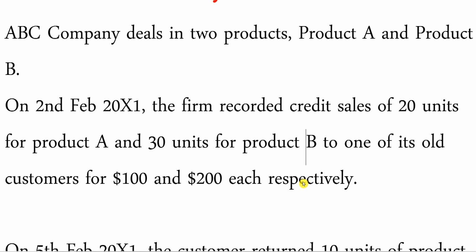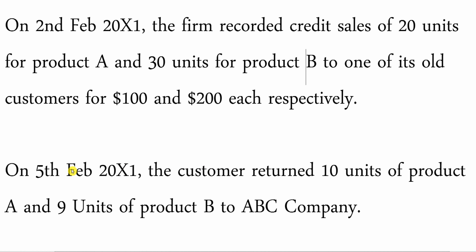So how can we record that transaction? And on February year 2081, a customer returns 10 units of product A and 9 units of product B to our company ABC.